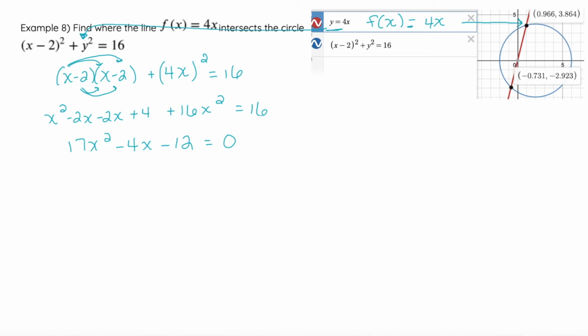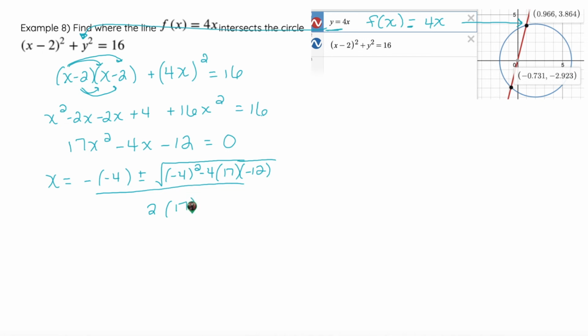Obviously, as we look at the answer provided using Desmos, these are not going to be easily factorable, so we're going to need to use the quadratic formula. So x is going to be equal to the opposite of b plus or minus the square root of b squared minus 4 times a times c, which is negative 12, over 2 times a.